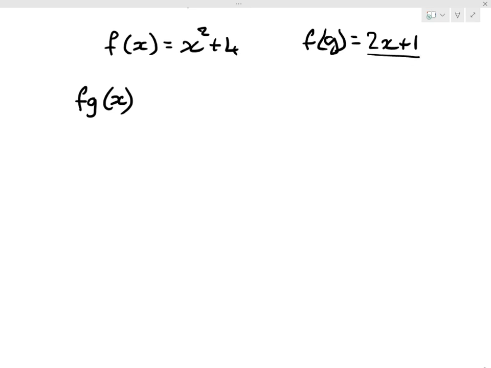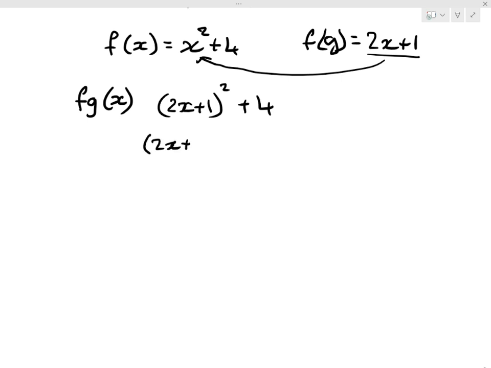So we're going to put the inside into that one. So this is 2x plus 1 squared plus the 4 now. So write this out twice. 2x plus 1 to do the square, and 2x plus 1, and then add the 4 on the end, and do the FOIL to expand these brackets.